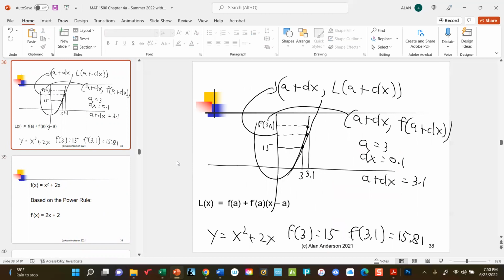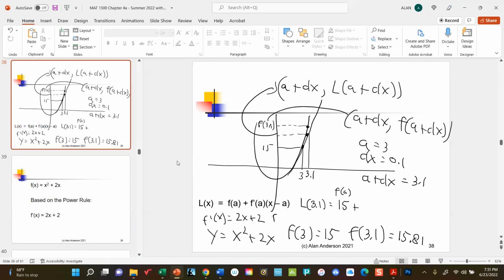So L of 3.1, so it's going to be f of a. The derivative, f prime of x, is 2x plus 2.